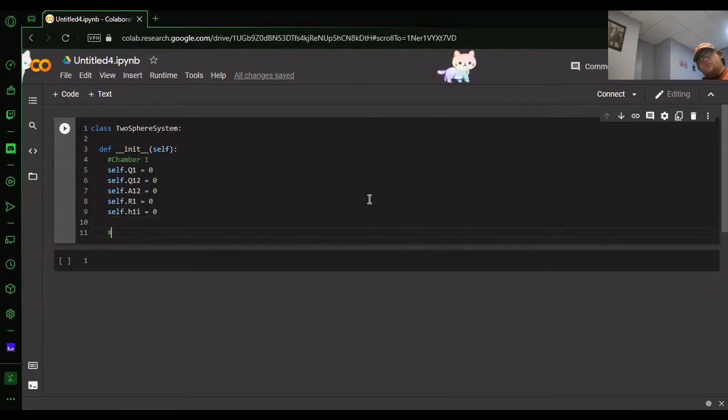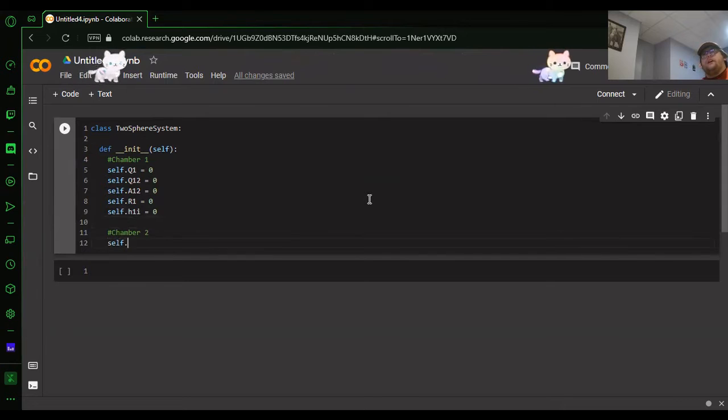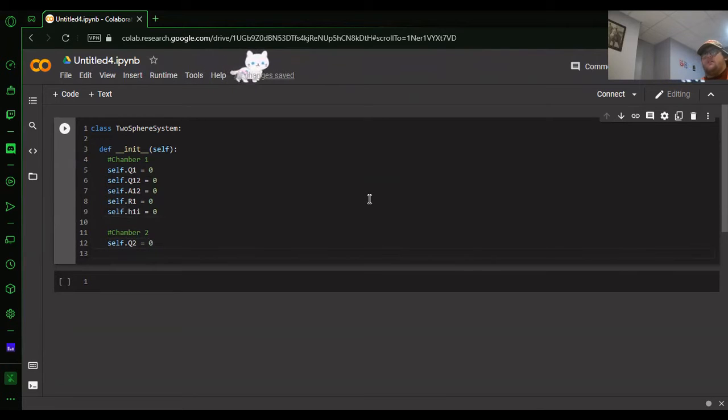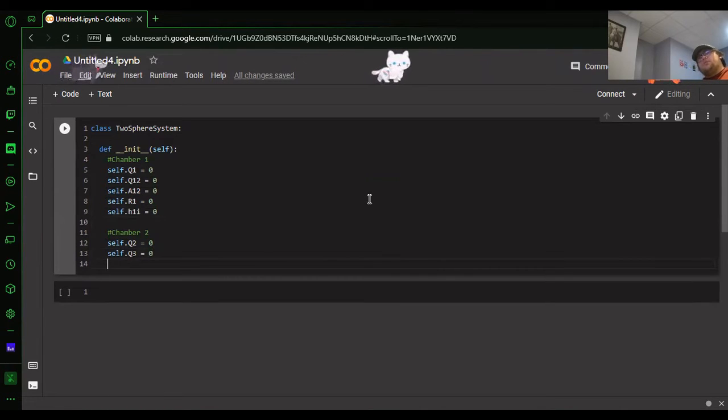And for chamber 2 now, we are going to have self dot Q2 for the inlet, Q3 for the outlet. We don't need to redefine Q12 because it's up here in chamber 1.